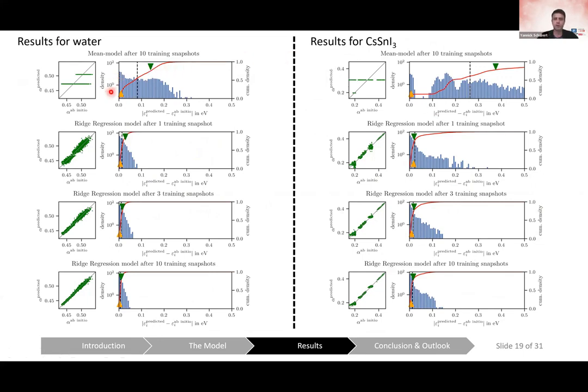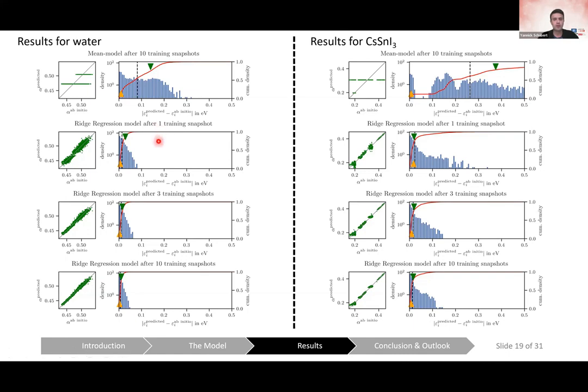In the top row, you can see the results for a very simplistic baseline model that we just took to have some kind of comparison to see how much better our model performs if we introduce this more sophisticated approach versus just taking a very naive approach to predict the screening parameters.